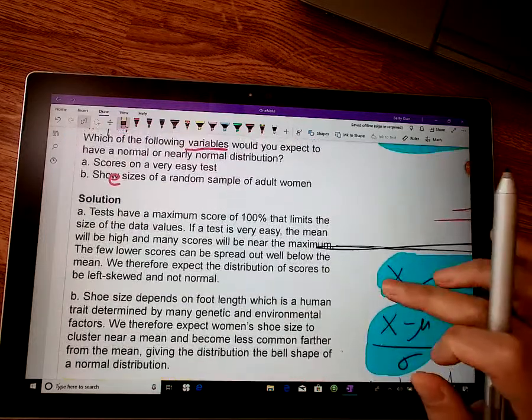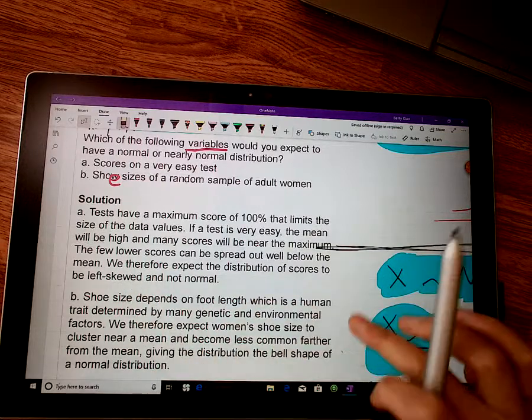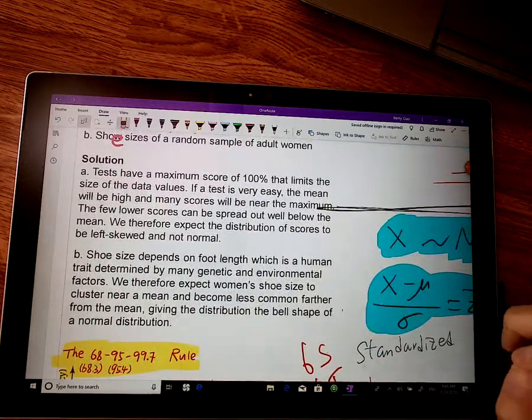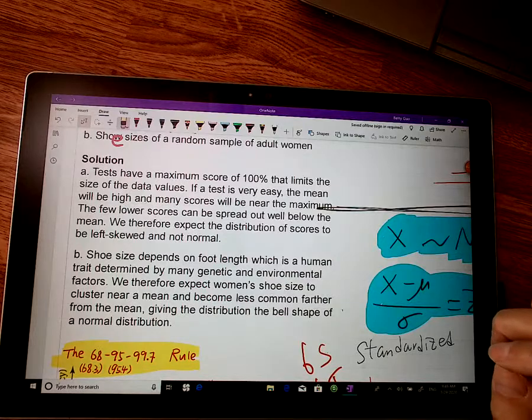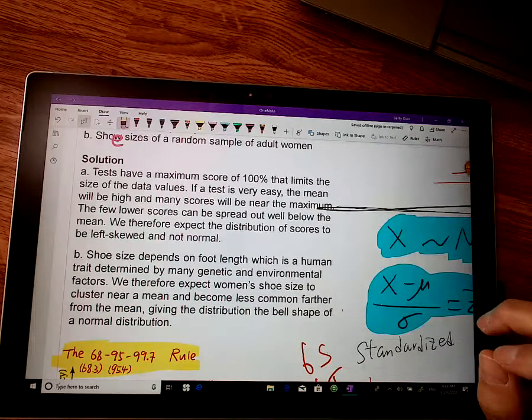Let's see. Yeah, solution. We can read the answer in words. Tests have a maximum score of 100%, which limits the size of the data values. If a test is very easy, the mean will be high and many scores will be near the maximum.